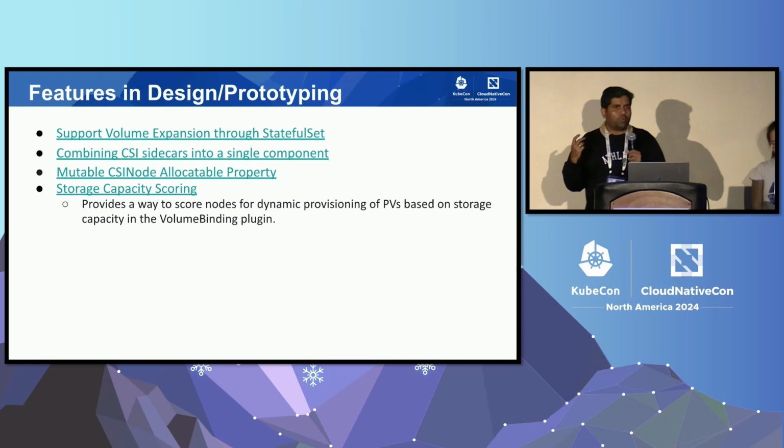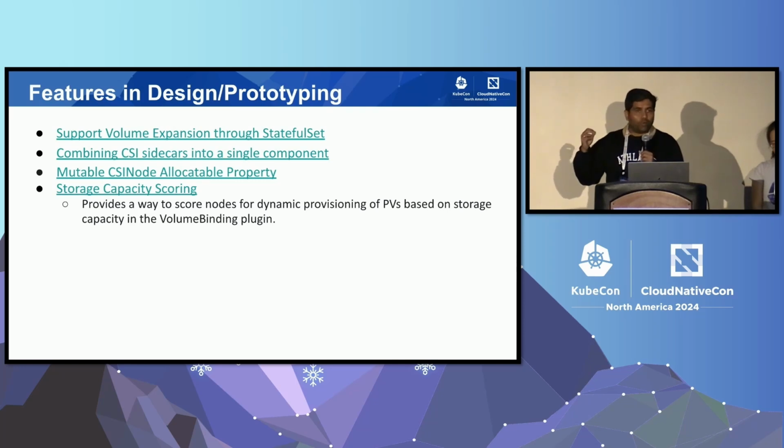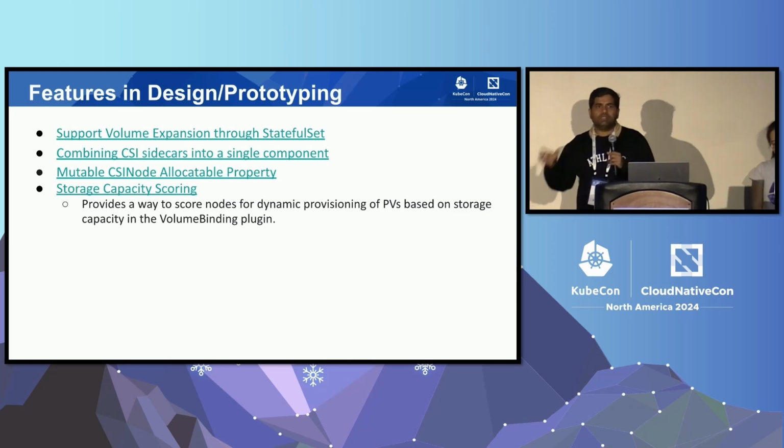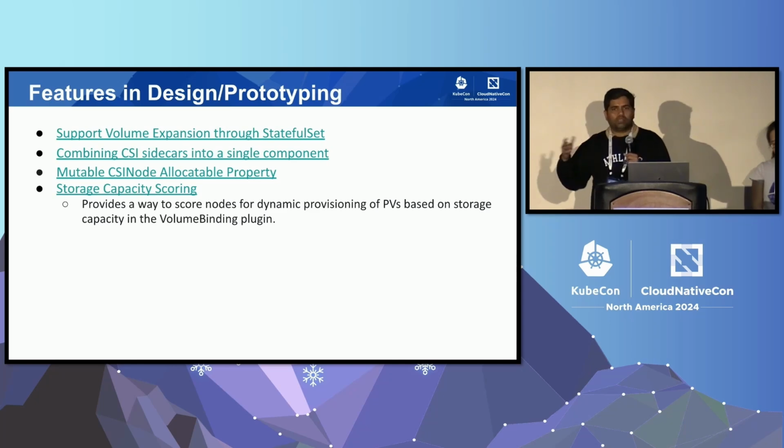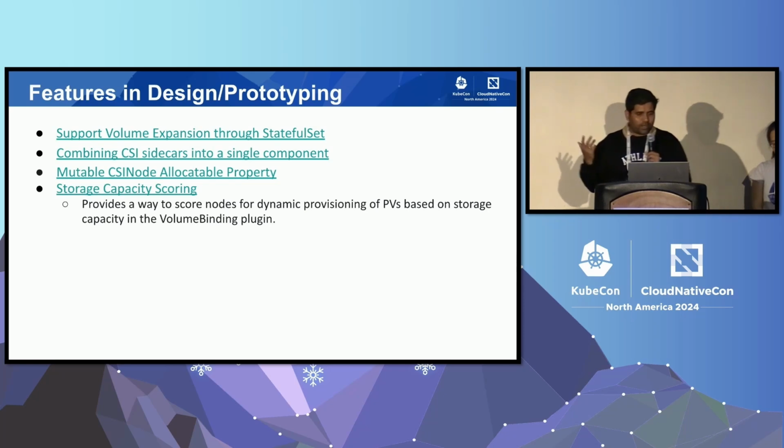But on many cloud providers, the value can change based on ENIs attached to the node, or GPUs sometimes attached to the node. So we are making the allocatable property of a CSI node mutable and making sure that the scheduler can see the change and dynamically adjust the limit as it changes. This will allow the system to be more accurate, and fewer pods will be stuck in the container creating state.